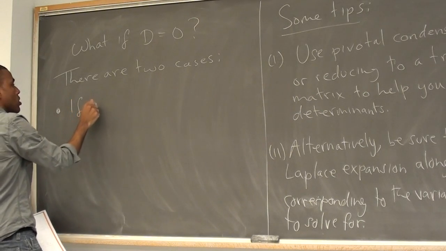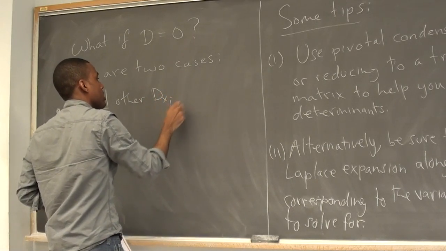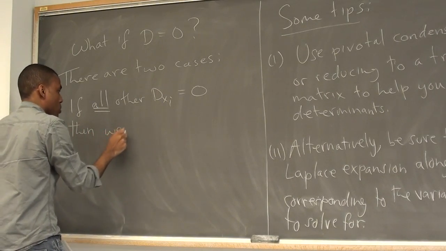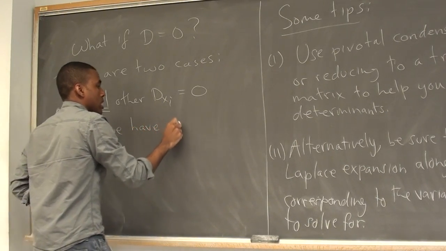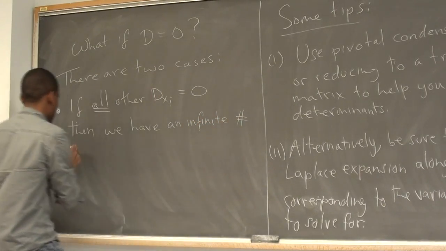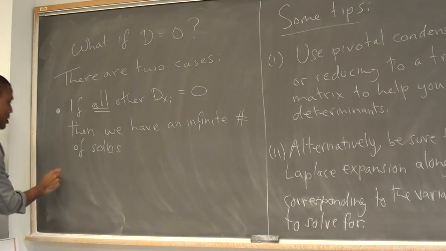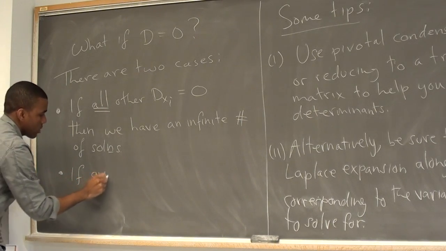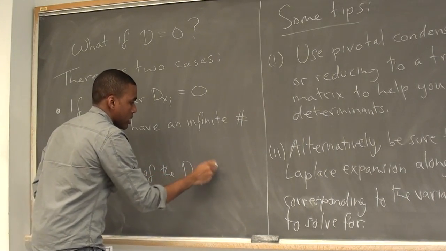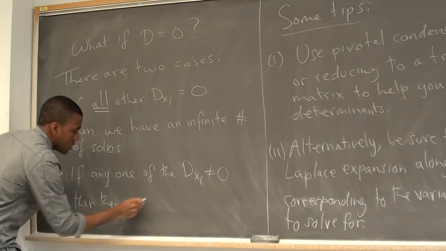First case, if all other dxi equal 0, then we have an infinite number of solutions. And that's all you can say. If any one of the dxi is not 0, then there is no solution.